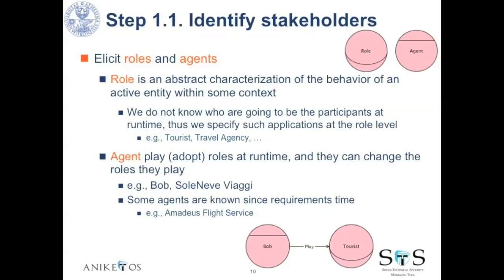Say, in our example, we were considering a specific flight service, and that was Amadeus flight service. So if this kind of information is already known at requirements time, we can capture that in our models. And as I said, an agent would adopt roles at runtime, and we capture that through the play relationship. So Bob, say, plays tourist, and that is the way to capture an agent adopting a given role.